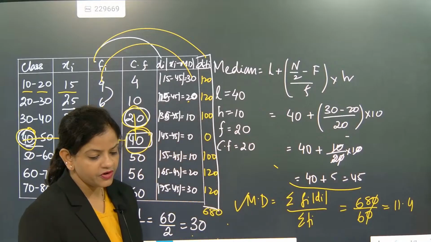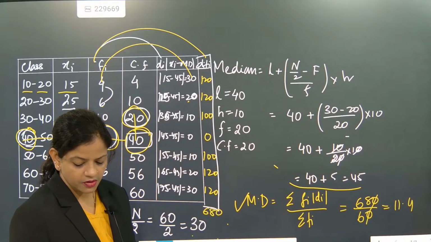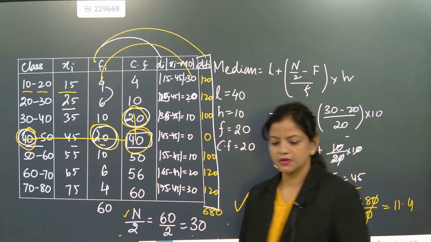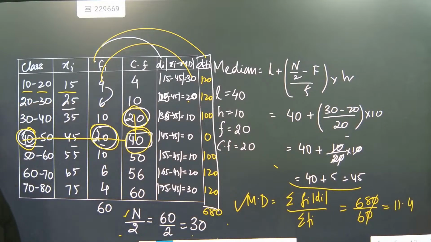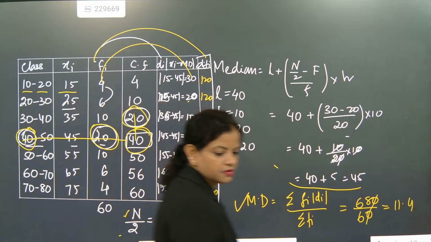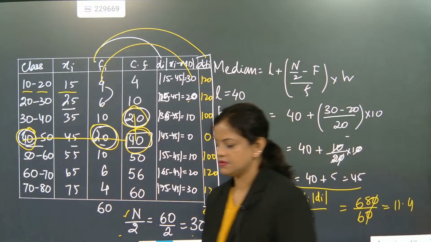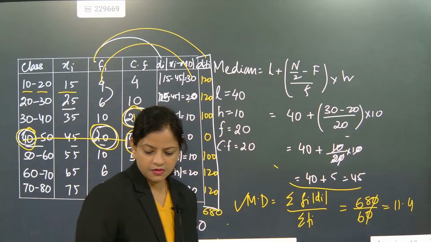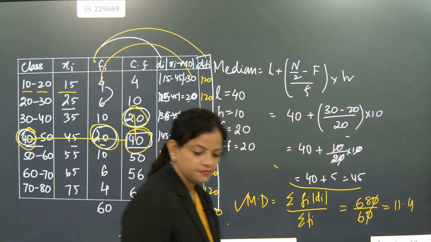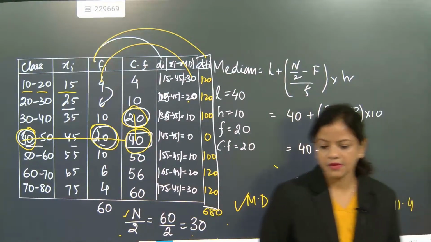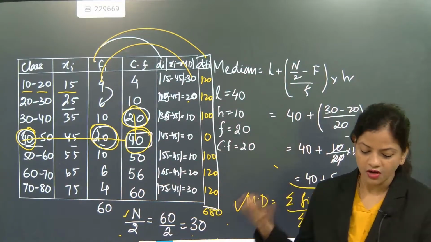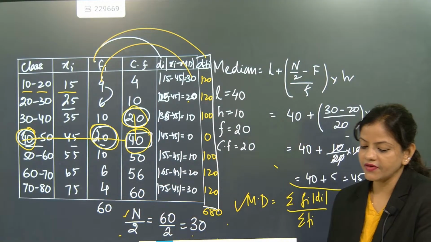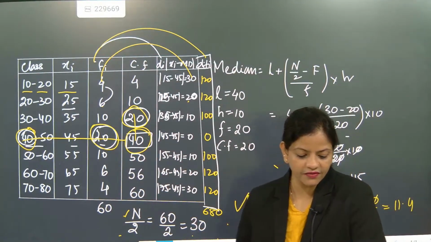Just inform me if it is over. If it is done, we will go for variance and standard deviation. Understood? Variance and standard deviation. I'll explain about variance and standard deviation.